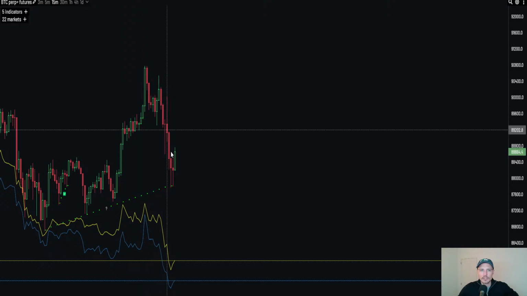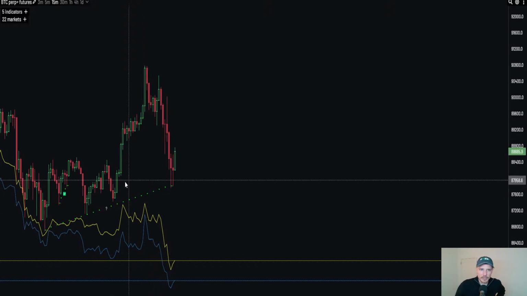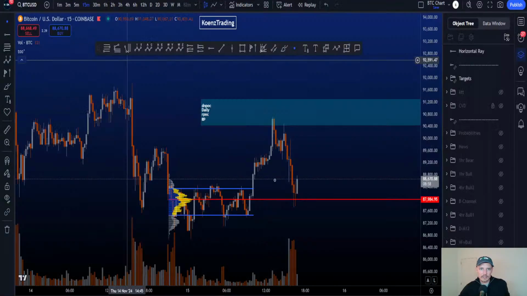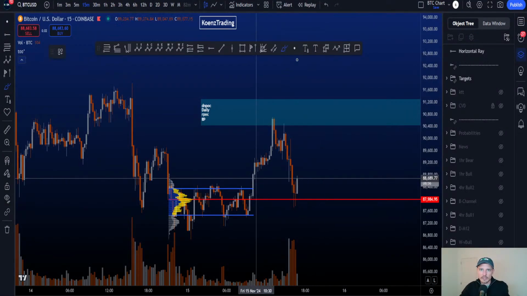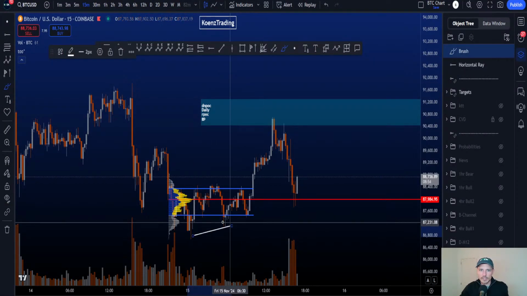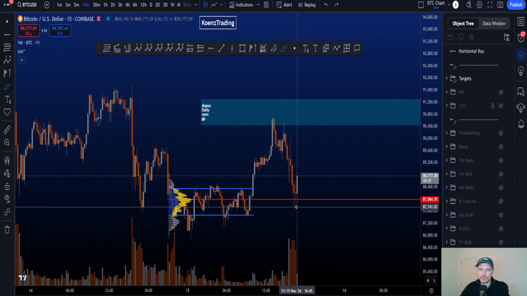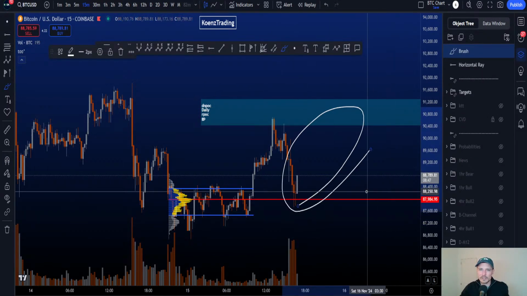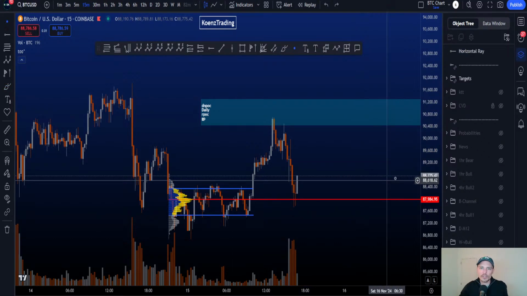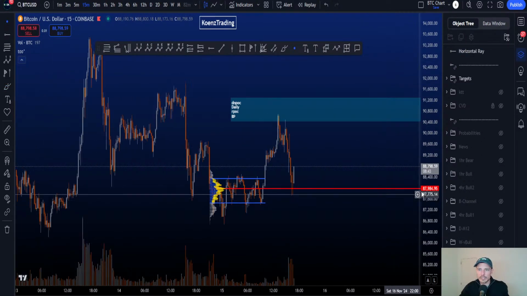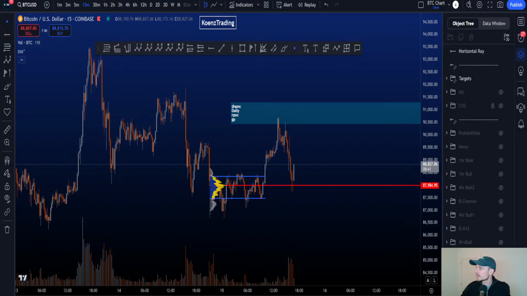So this move down is not interesting from a CVD perspective with the previous lows. We had bullish CVD here, it played out, price moved up. We still have bullish CVD here as well, but it would be nicer to get a new structure with new bullish CVDs if you want to support the bullish narrative.